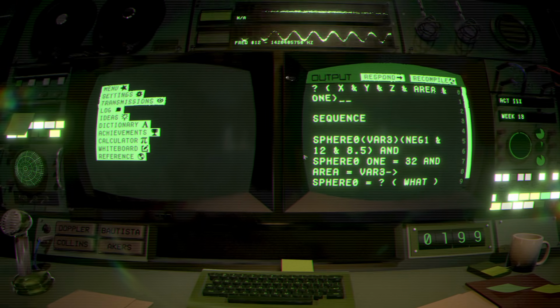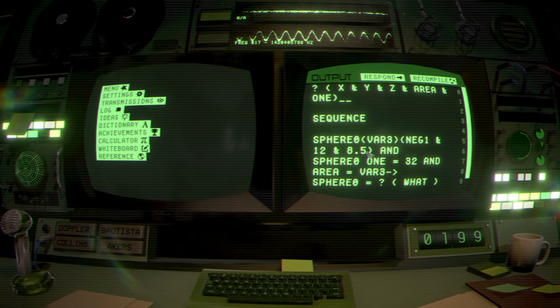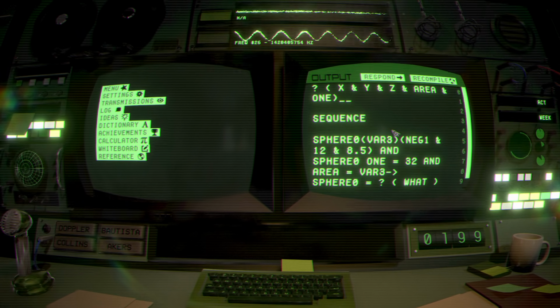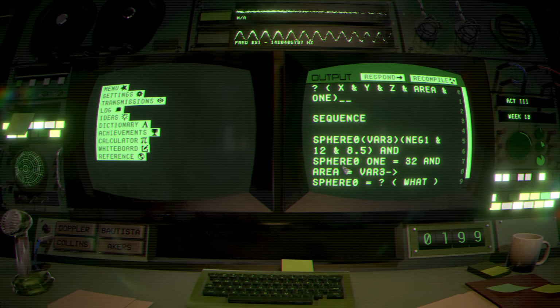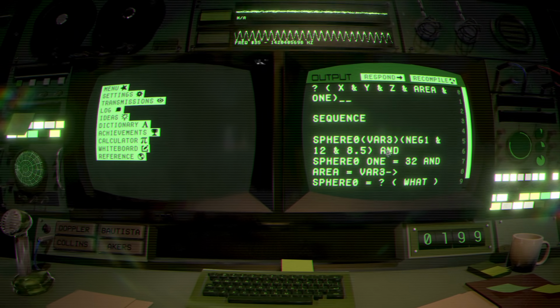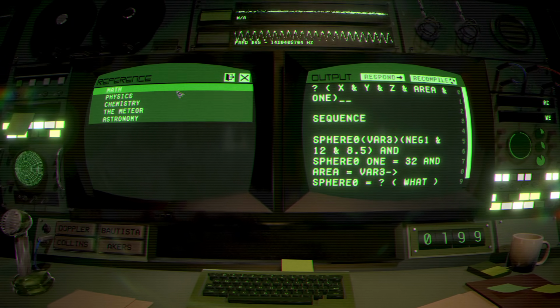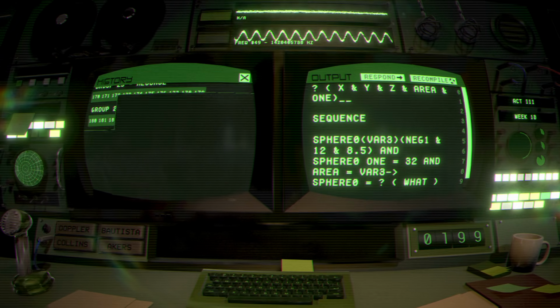Alright, so we got our X, Y, and Z. We have our radius as variable 3, and something equals 32. Or are they finally... Hold on. Let's go back.